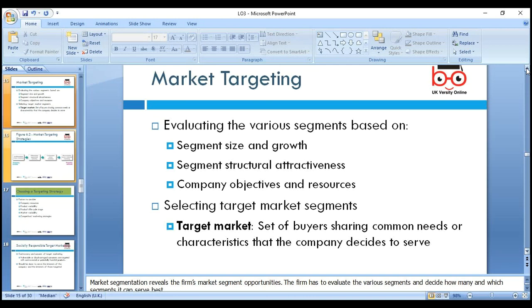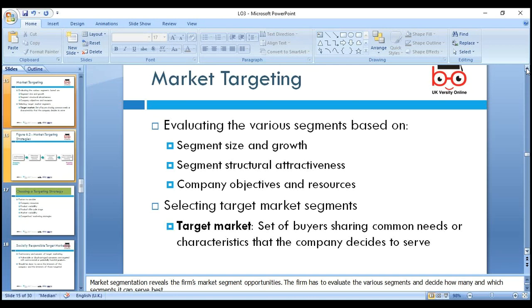Then segment structural attractiveness. What is the attractiveness there? We need to think about whether Mothercare is a well-established brand in those markets, and how attractive that brand is in the target market, in the eyes of the target customer. Some customers really want MNCs, multinational companies, foreign products and foreign brands, known for quality and reliability.